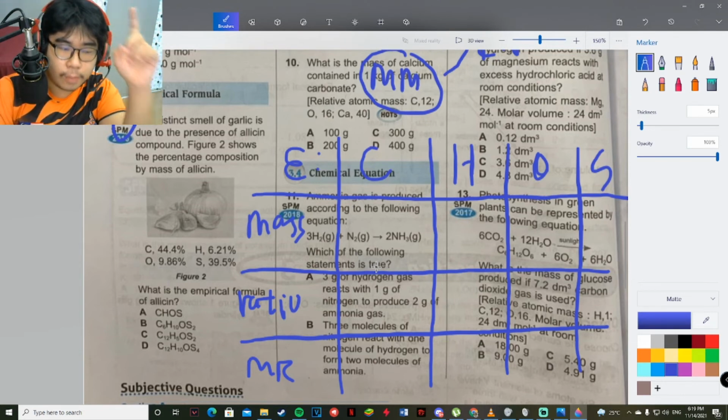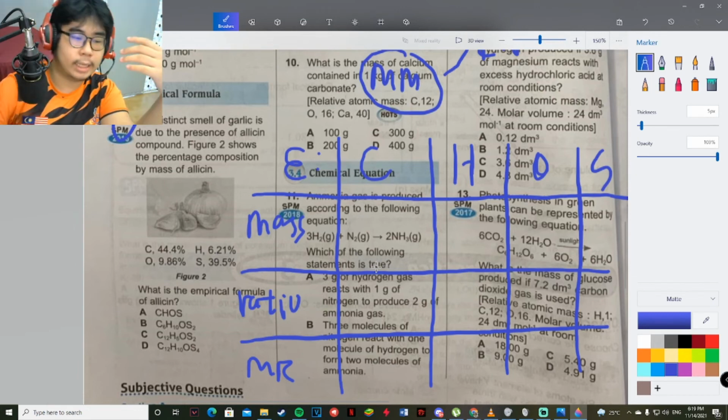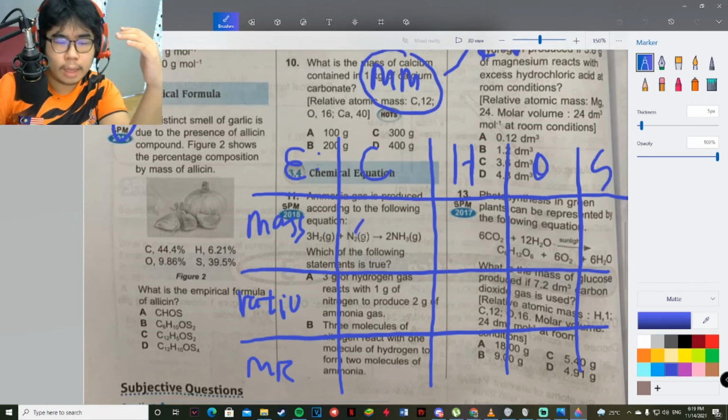So 44.4% for carbon is actually 44.4 gram in this case.